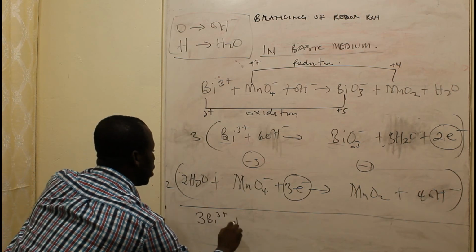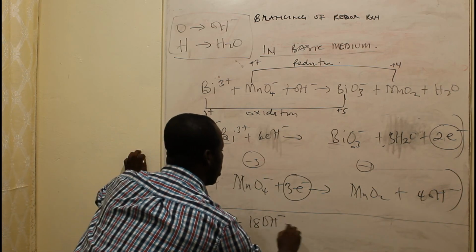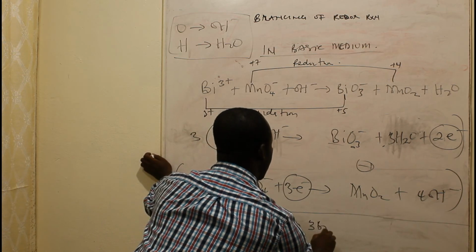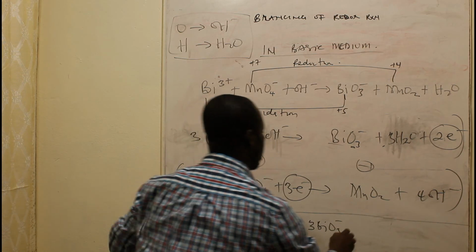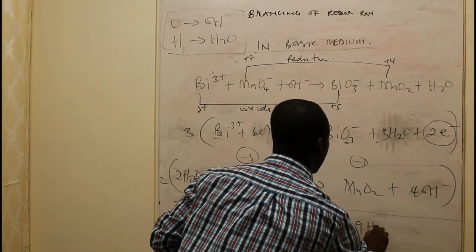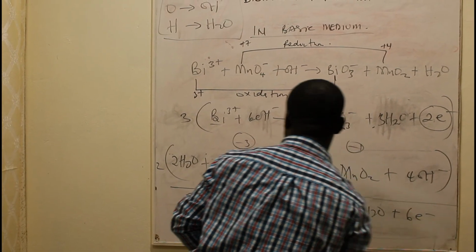3Bi3 plus plus 18OH minus to give you 3BiO3 minus plus 9 water molecules plus 6 electrons.